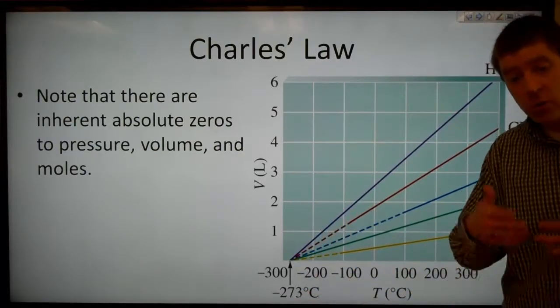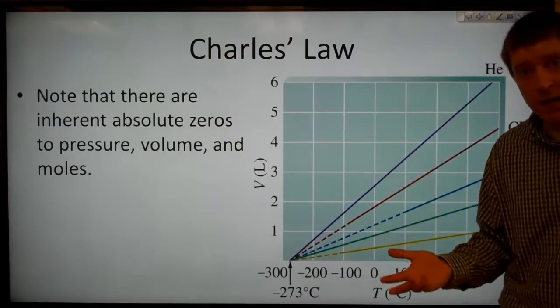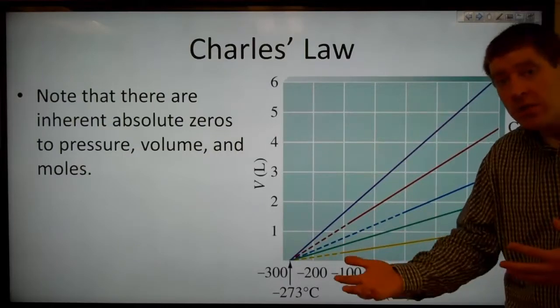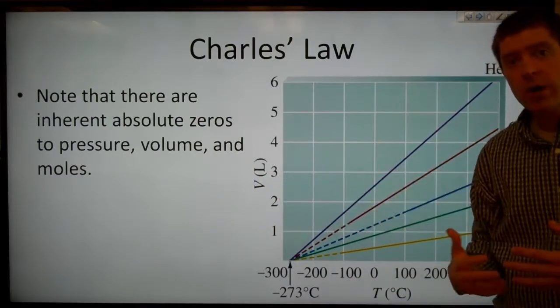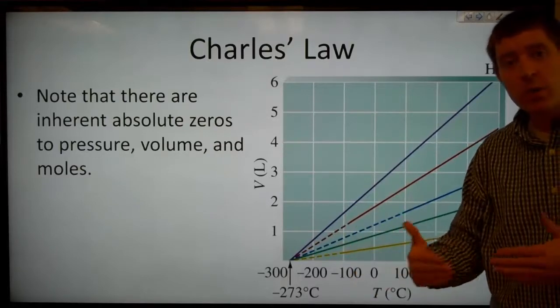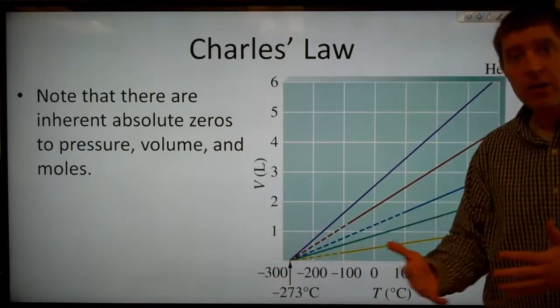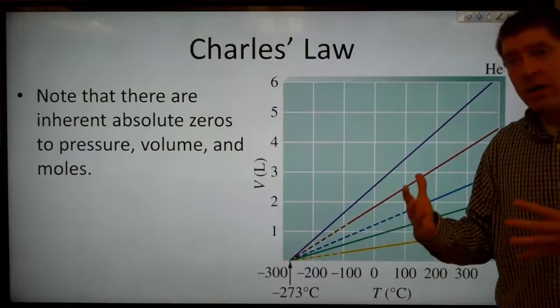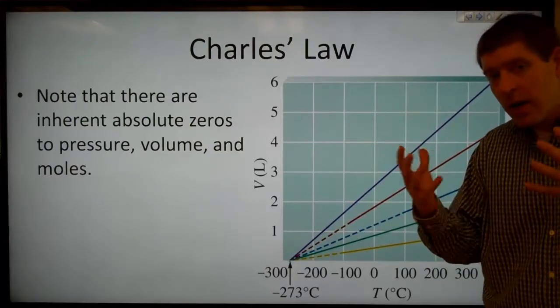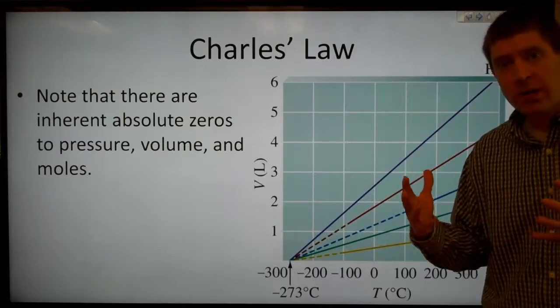Now, the temperature scales that we normally use in daily life, either degrees Celsius or degrees Fahrenheit, have a 0 point that we can get below. But there is an absolute zero to temperature as well. There is some temperature at which you can't get below that, just like the volume. And this is because temperature is a measure of how much kinetic energy the average molecule within a sample has.